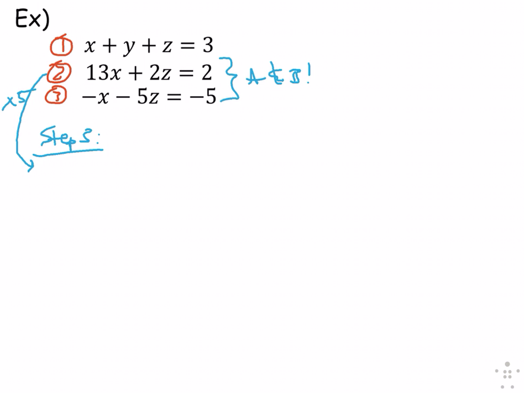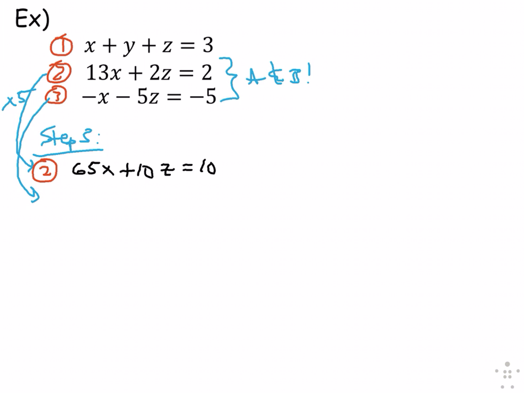So let's see here. The second equation will then modify to 65x plus 10z is equal to 10. Make sure to multiply that right-hand side of the equation. That's a common mistake, and then it throws off all your numbers. So now I'm going to modify the third one as I write it down.